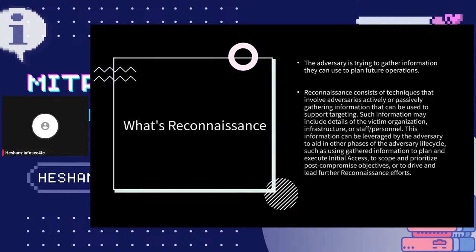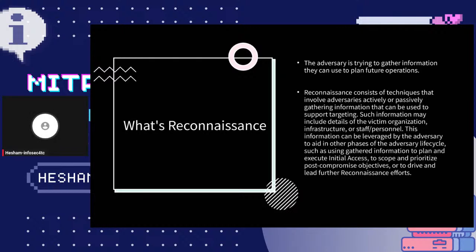But in active information gathering, and that's what we are going to cover today, we communicate directly with the target. For example, we can have an interview with people in the company in order to understand how they operate their business and what technology they use.